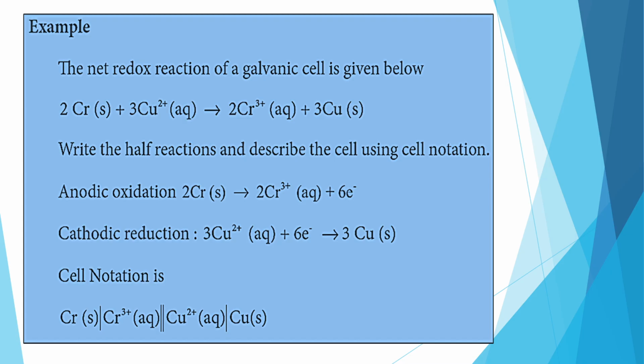The cell notation will be chromium solid, then a single line stands for the phase separation, then Cr3+ aq. Aq stands for aqueous, and you can also write the concentration of Cr3+ here. Then a double line stands for the salt bridge connected in between the two solutions. Then we have copper 2+ aqueous, single line, copper solid. Understand?